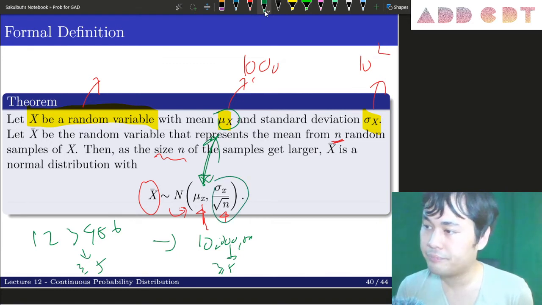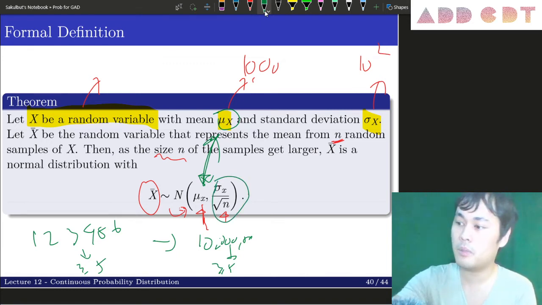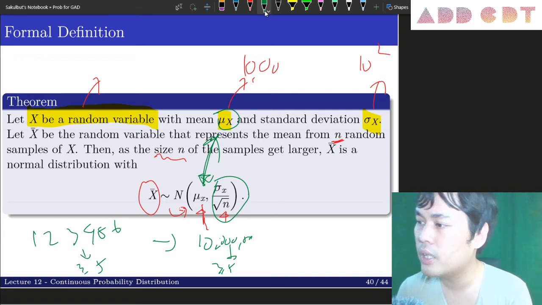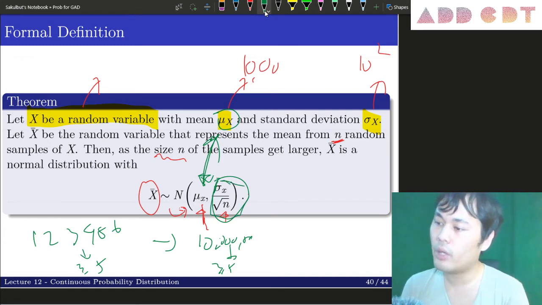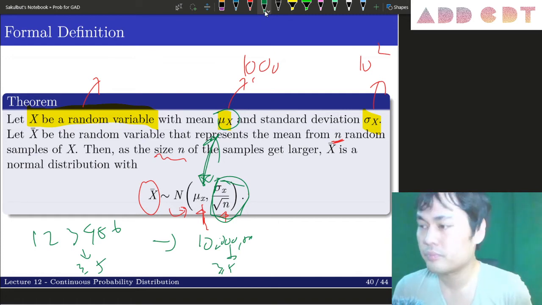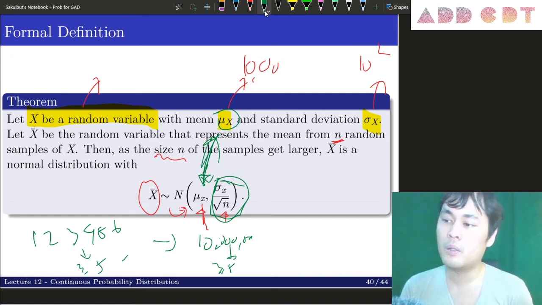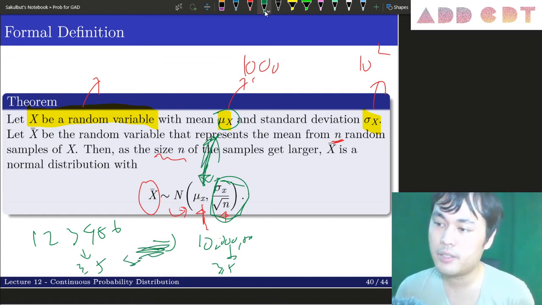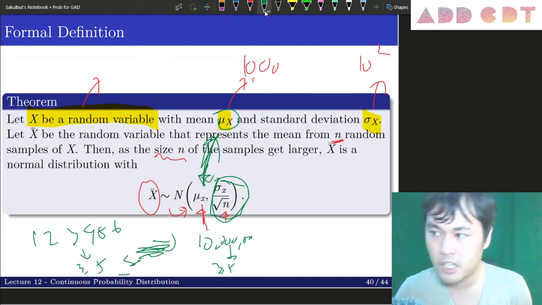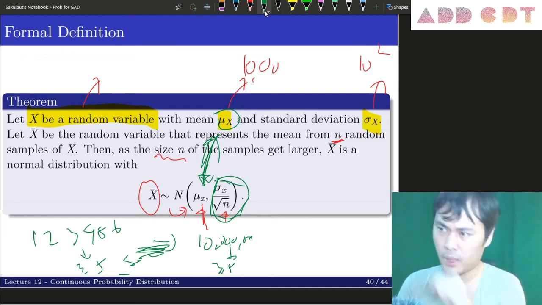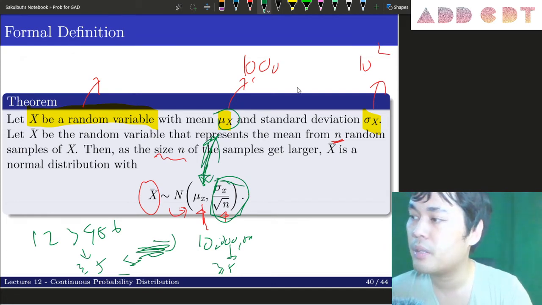And the other thing, this is going to be connected to the other theorem. But it means that this theorem guarantees that the average stays the same if we repeat the experiment many times with large sample size.